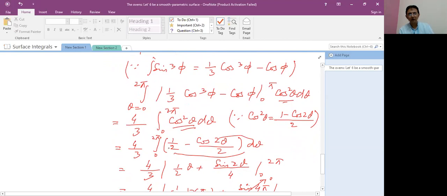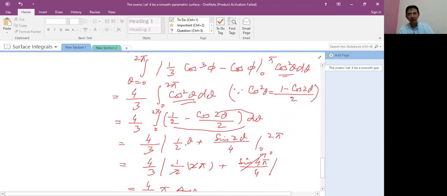The integral of half is half theta, plus the integral of cos 2 theta, which is sin 2 theta upon 4, and we are applying the limit 0 to 2 pi.